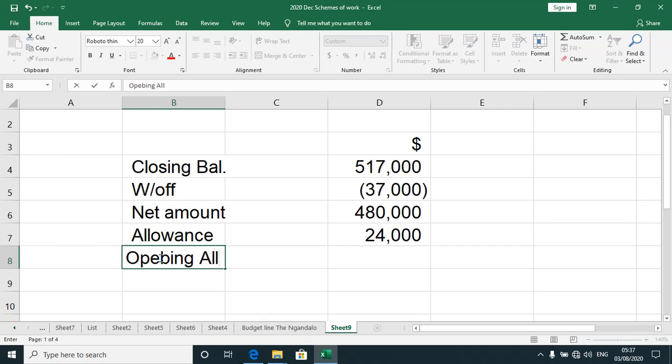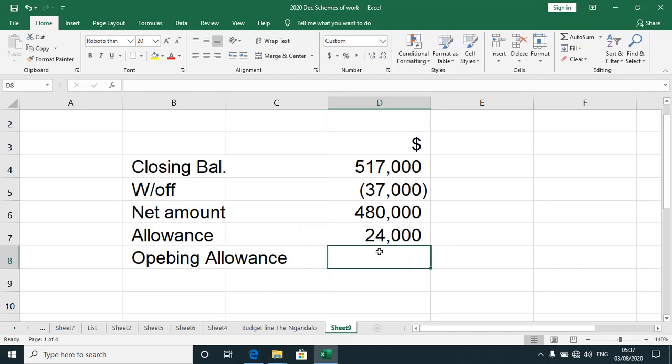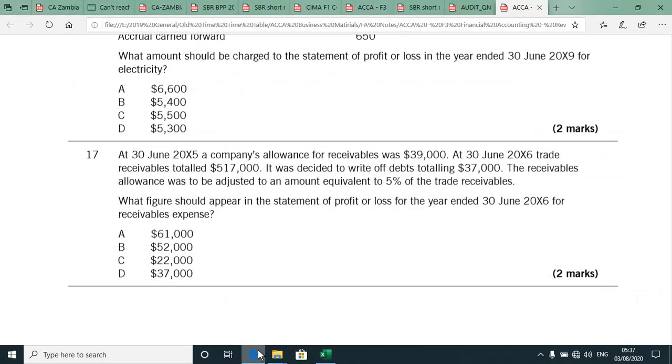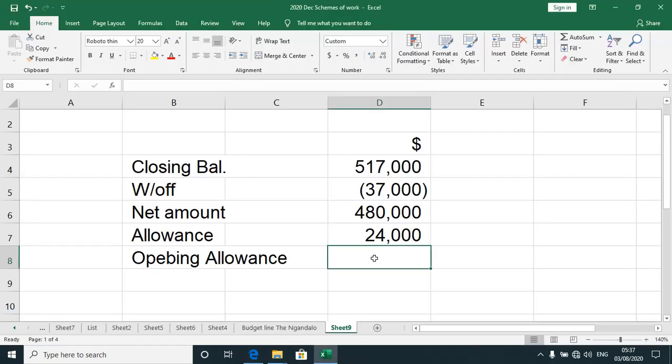Opening allowance was given. And I'm not supposed to delay too much here. When I look at that, 39, of course. I've got a 39 opening allowance. And I have to make some comparisons here.